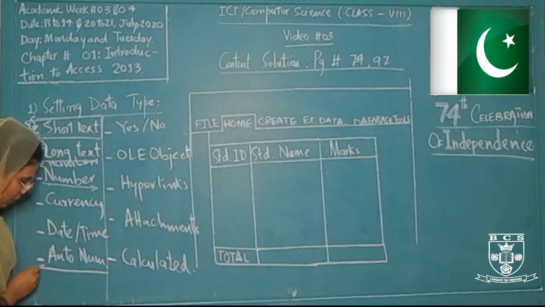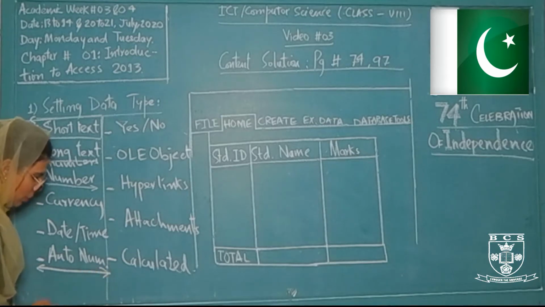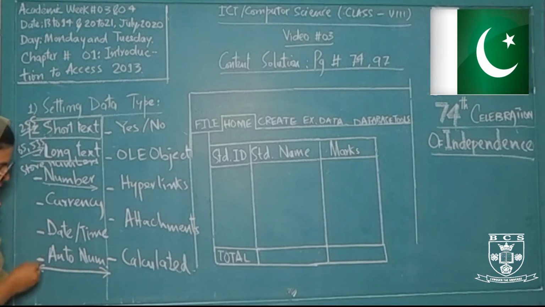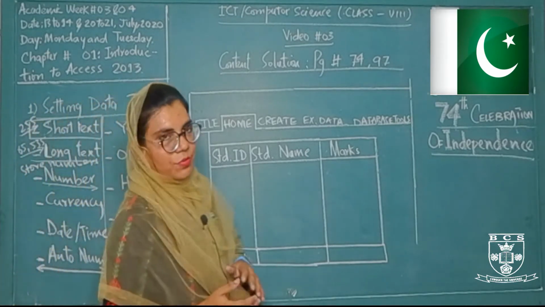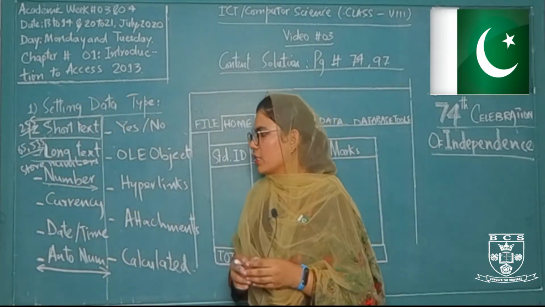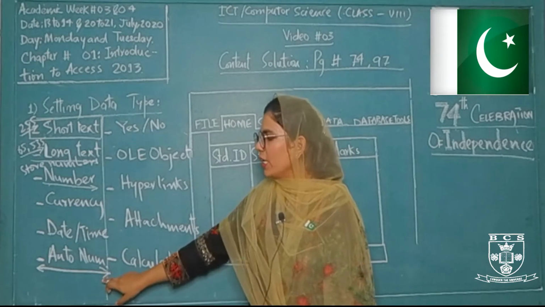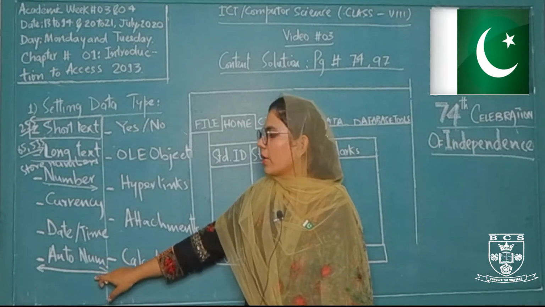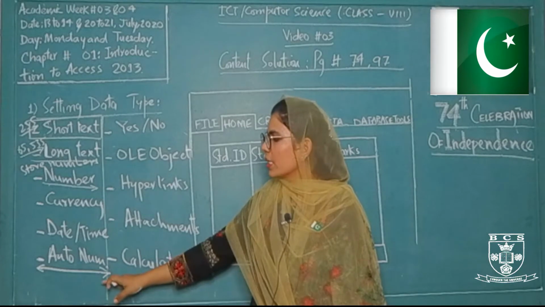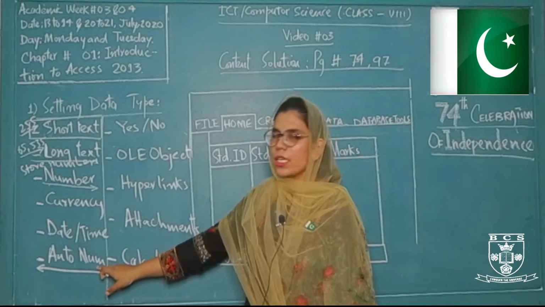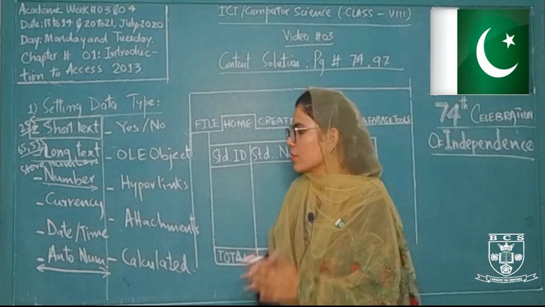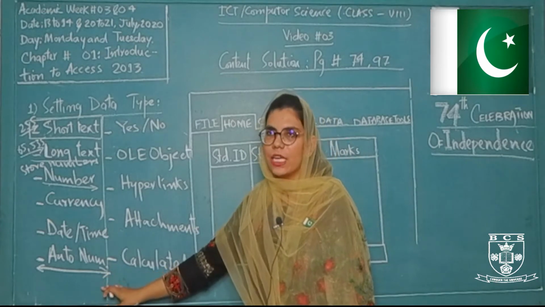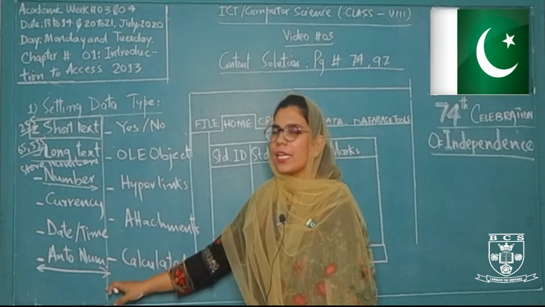After that we are having the auto number. What is auto number? This is an important category. In auto number, we have to enter an integer. Whenever we enter an integer in any field, it stores, and when we add different records in the same table, the integer that we added first increases itself automatically as we add records.